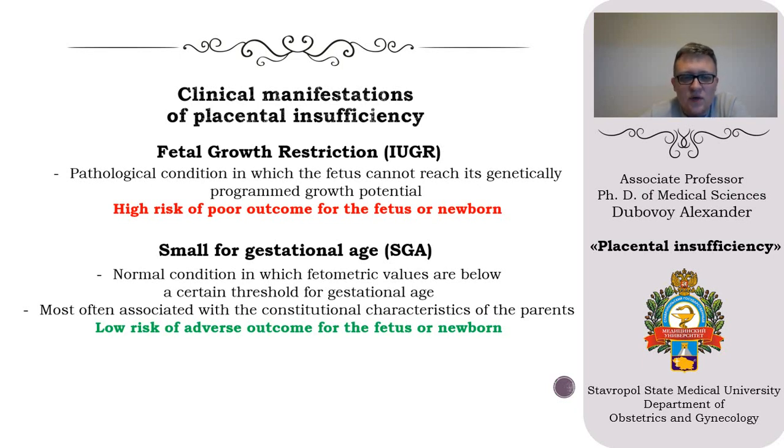But if a woman weighs about 50 kilograms during pregnancy and her height is less than 155 centimeters, and she has a thin, short husband, we should not expect a child of about 3-4 kilograms. The lag in fetal growth from normal values has many causes, but for this woman it will be her individual norm, and we talk about small for gestational age as normal.